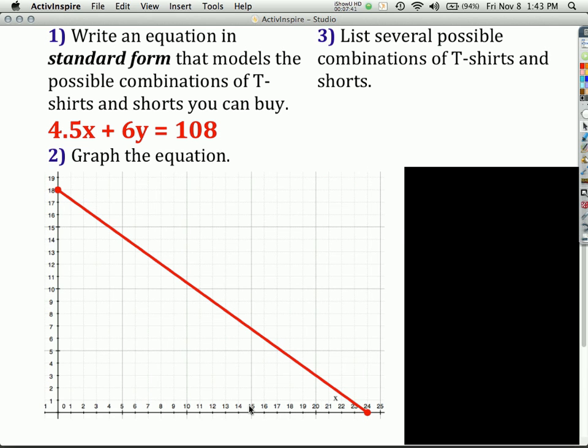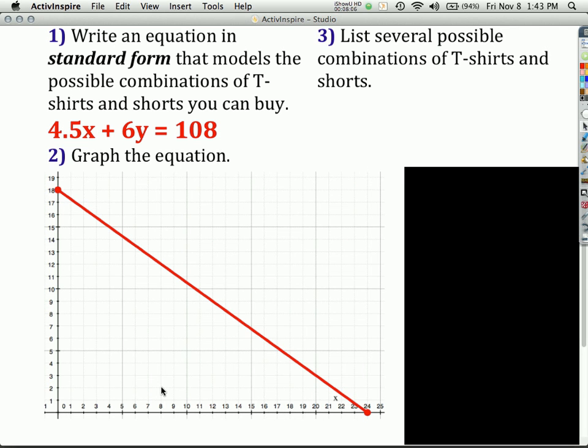But when an equation is in standard form, it's very easy to find the x and y intercepts. So looking at my graph, the clue is right there: I have the x and y intercepts and I just connected them with a line. You can use any method you want. I don't really care, but I think that was the easiest.